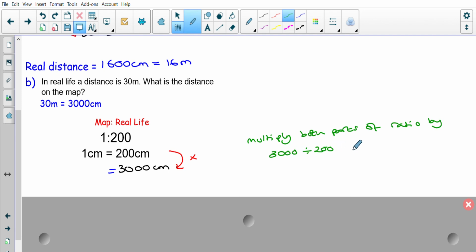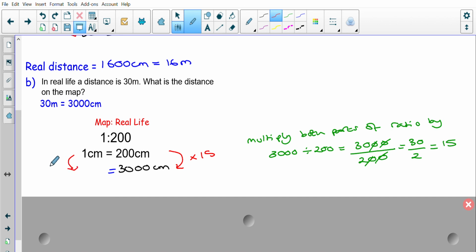Now, to work out this division, the easiest thing to do is to write the division as a fraction, and then we can simplify the fraction. So we can divide top and bottom by 10, and then by 10 again, to cancel 2 zeros, top and bottom. So that actually just gives me a simplified fraction of 30 divided by 2, which is 15. So I know 200 multiplied by 15 gives me my 3,000 centimetres.